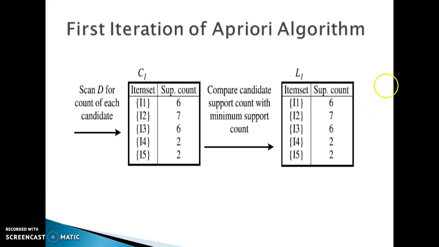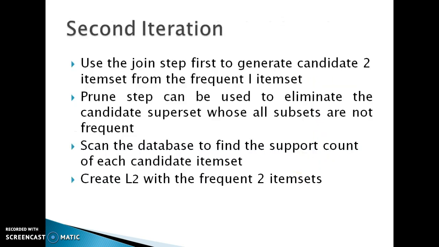Since all the one item sets are frequent, all the supersets formed from them have a chance to be frequent, so here we will not make any pruning using the Apriori property. Now we scan the database to find the support count of each candidate item set. If they are greater than or equal to the minimum support, then they are frequent 2 item sets.